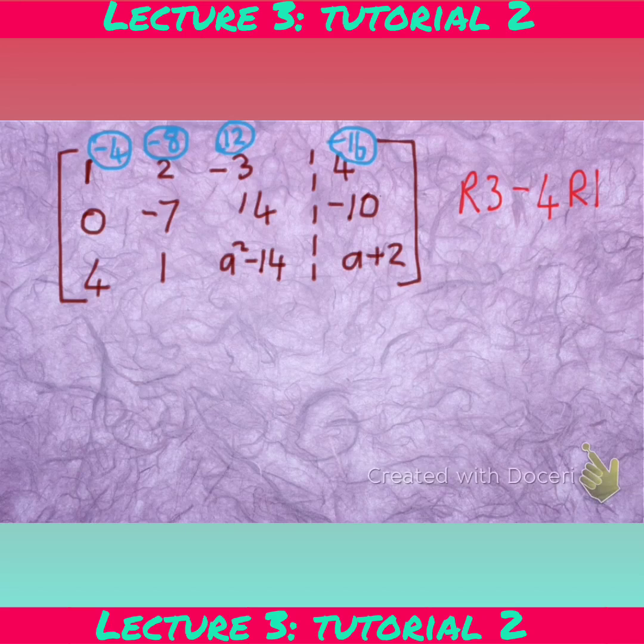Then you add it to the last row, so that's going to become a 0. Then that is going to become a -7. And 12 plus a squared minus 14 is going to be a squared minus 2. And then -16 plus a plus 2 is going to be a minus 14.